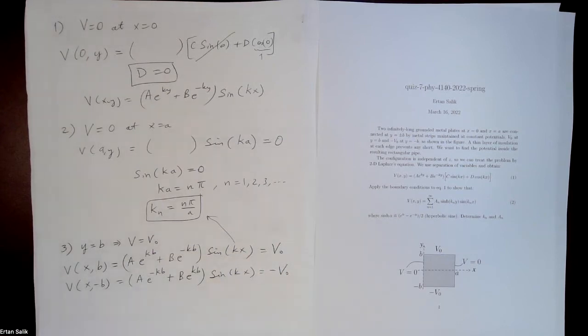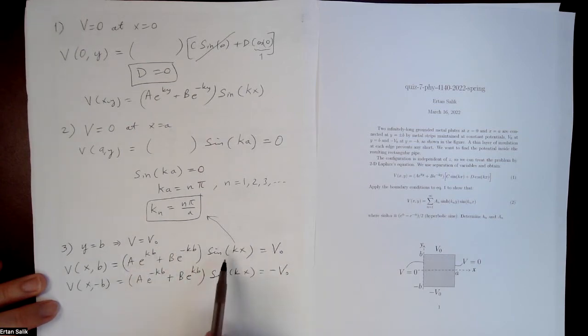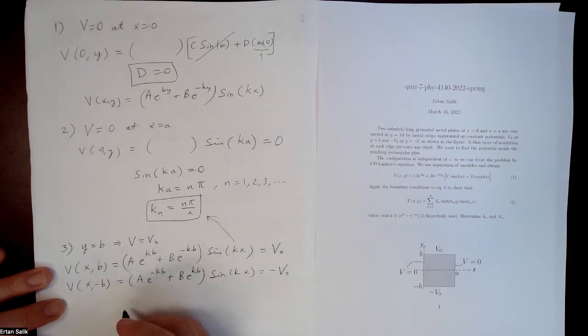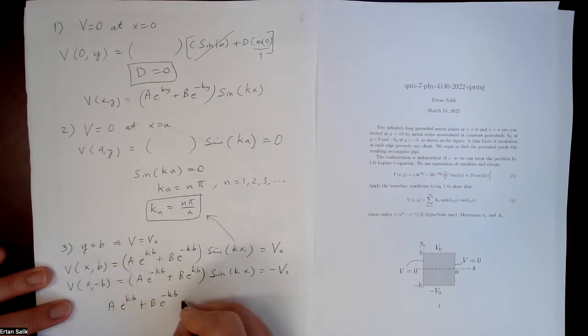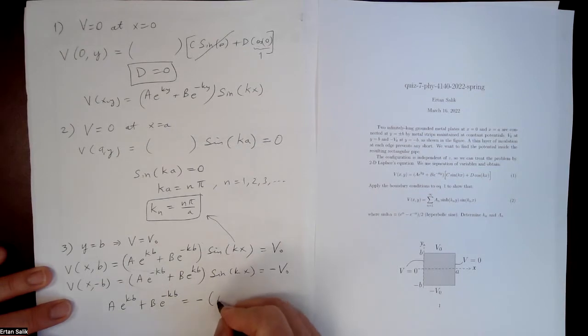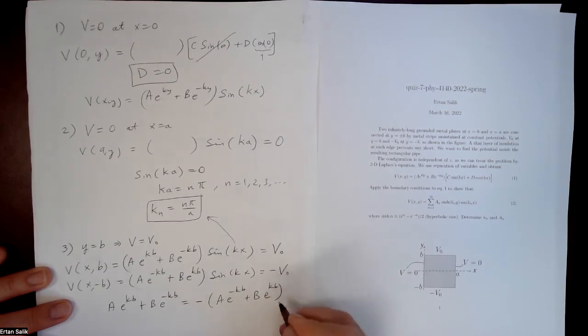One thing we notice here is these are one the negative of the other, right? This is the same sine kx. So that means this part needs to be the negative of this part. So if you just equate them with a negative sign, that's what you get. A e to the kb plus B e to the minus kb should be equal to negative of A e to the minus kb plus B e to the kb.